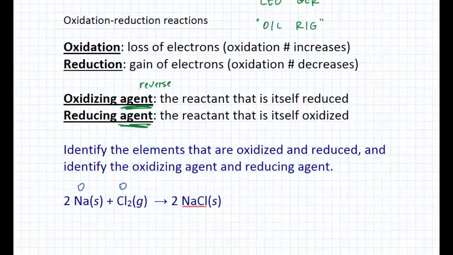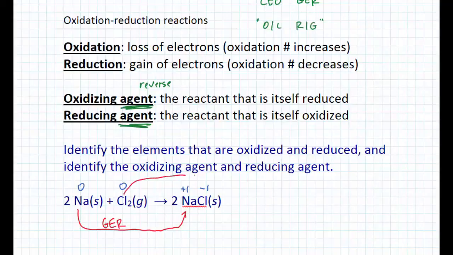The elements have oxidation numbers of 0, right? Sodium is +1, chlorine is -1. Did that sodium gain or lose an electron? Yep. Gaining electrons is reduction.